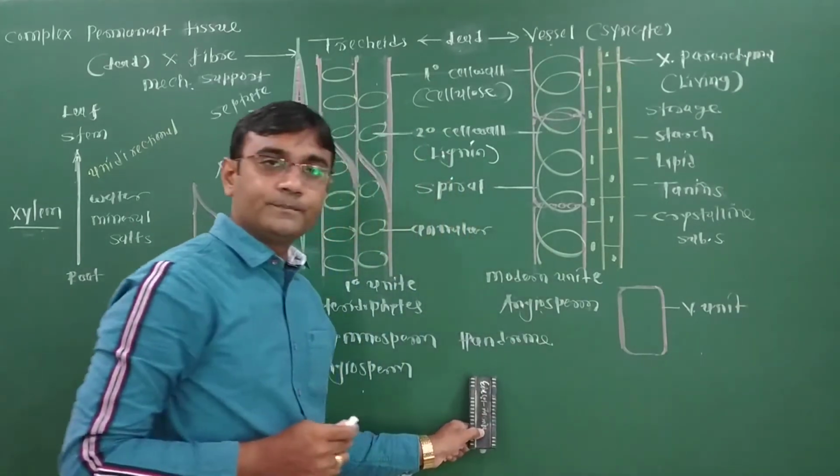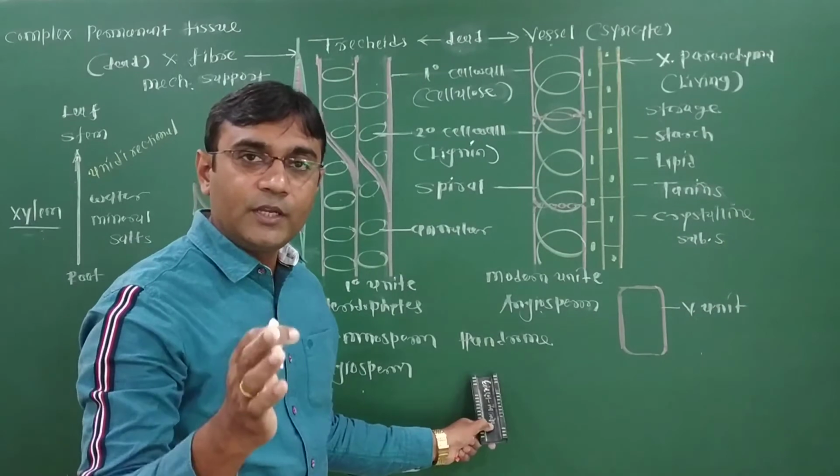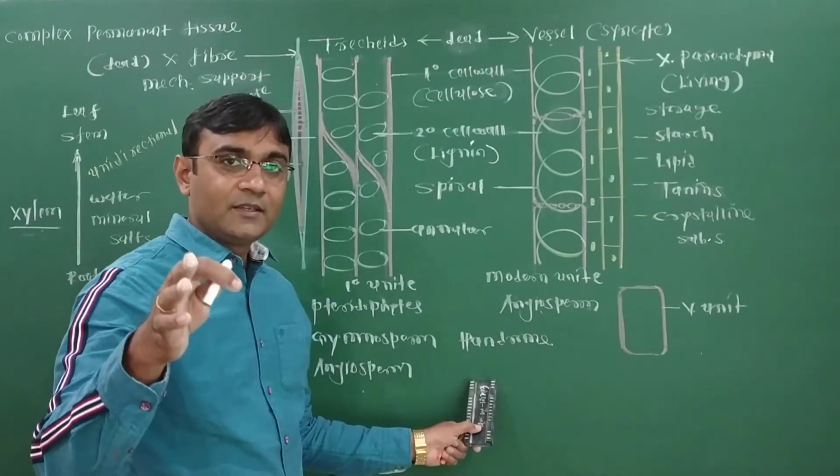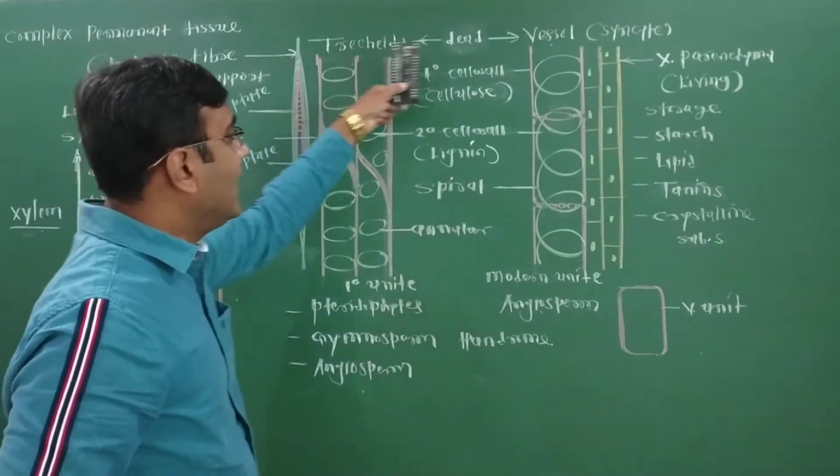What is hadrome? The conducting unit of the xylem is called hadrome, meaning tracheids and vessel.